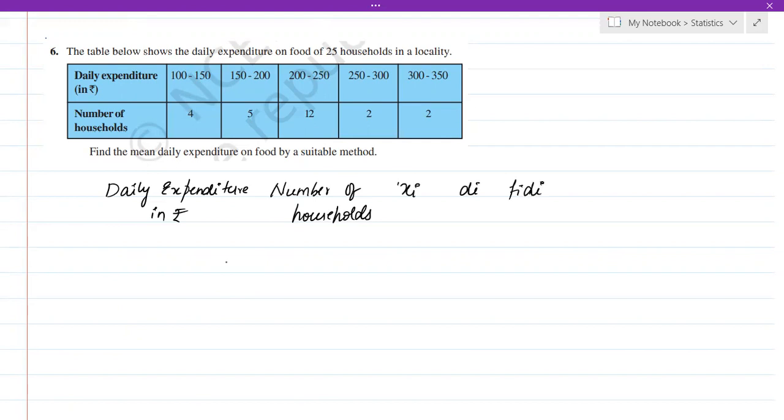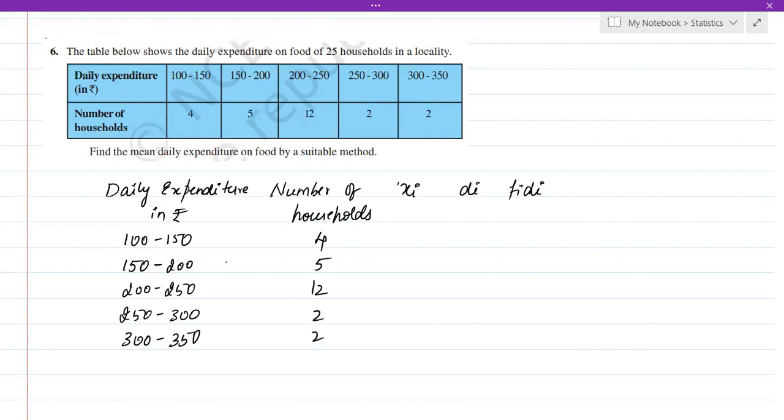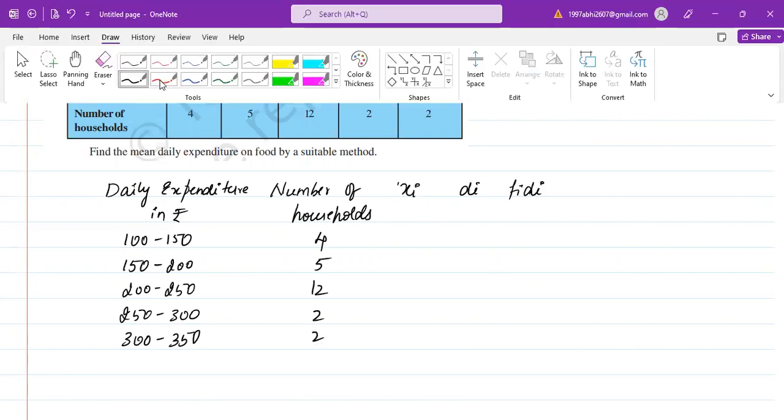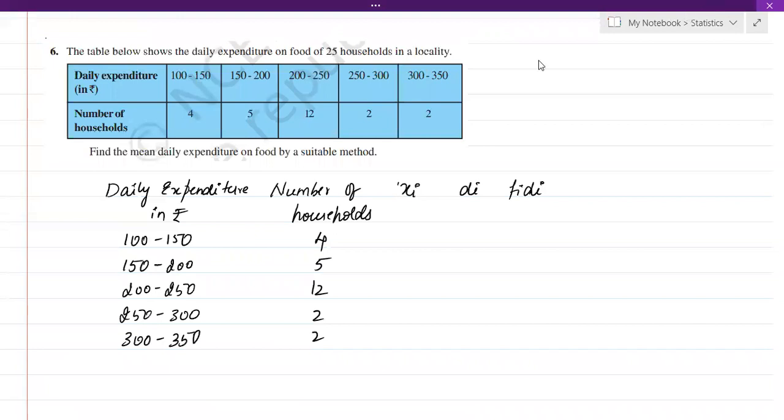So the first one is 100 to 150, then 150 to 200, then 200 to 250, then 250 to 300, 300 to 350. Number of households: 4, 5, 12, 2 and 2. So let's construct the table.